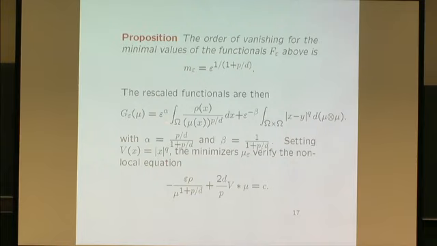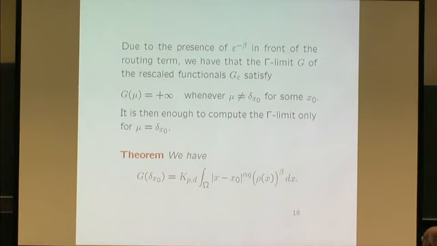You see here you have the convolution operator. This can be done recursively, and the second procedure is just to pass to the limit when epsilon goes to 0. And this can be done quite easily, and this gives you the limit cost.